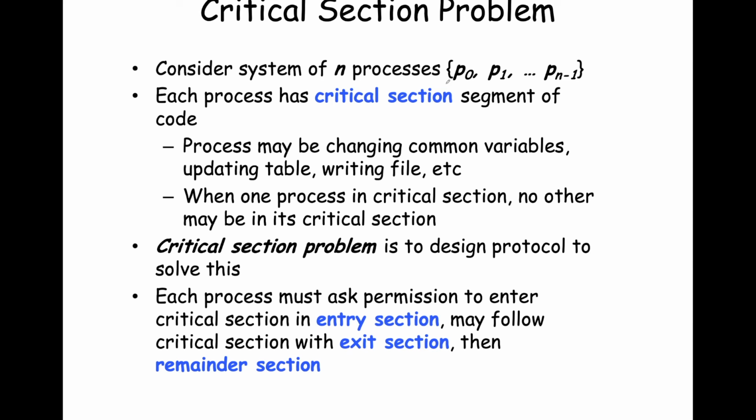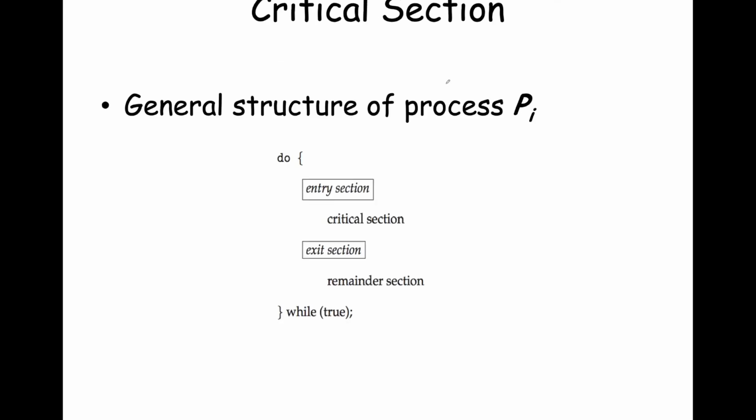And then after the critical section, you have the exit section, which is where the release of this access occurs. And then you have the remainder of your instruction stream. So you have the critical section, you have the entry section before it, where access is granted or denied, and you have the exit section where access is released, and then you have the remainder section.